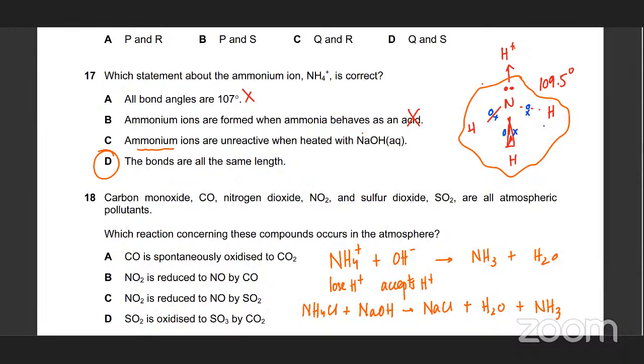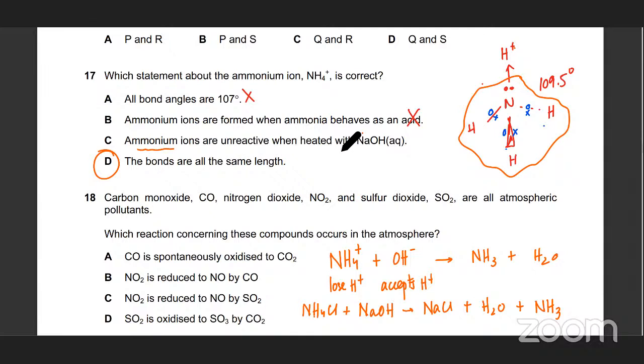The nitrogen doesn't know that. It just knows that there are 2 electrons in each bond. We know that one of them is a cross and the other one is a dot, and here it's a dative bond, so both of them are dots. Nitrogen doesn't know that. For nitrogen, all electrons are exactly the same. So basically all bonds are going to be the same length.